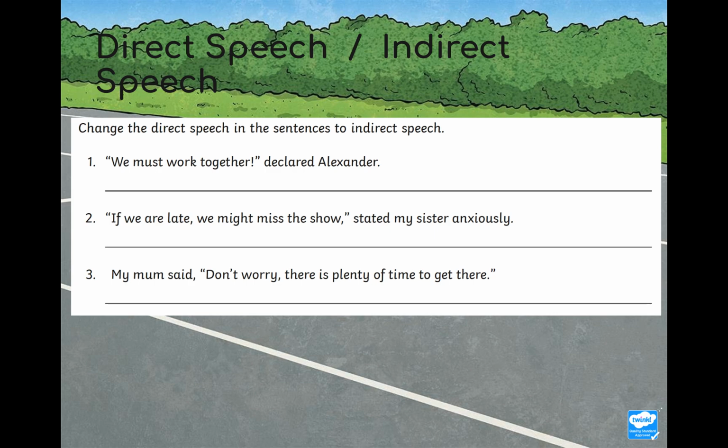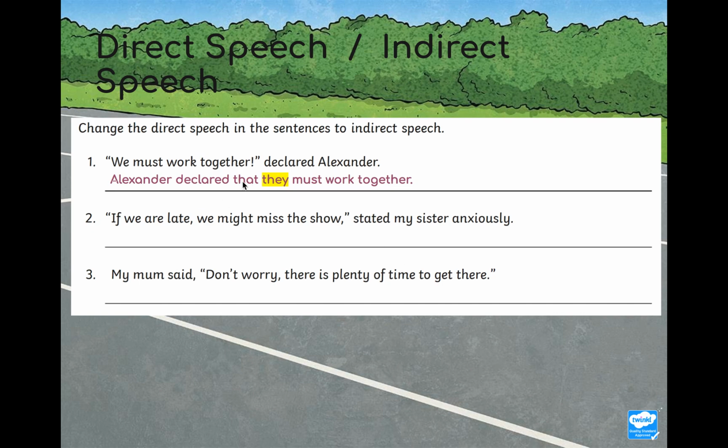Okay, so number 1: "We must work together," declared Alexander. We, because he's a part of that group. So the first thing I'm going to do is change that word we. I'm going to use the word they. But I'm not going to keep the sentence in the same order.